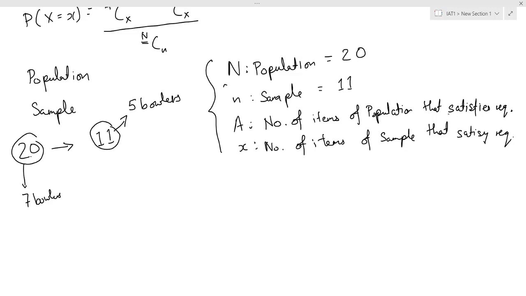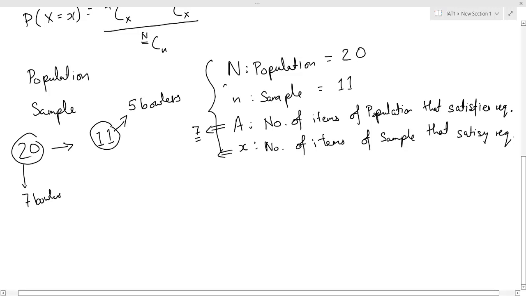How many bowlers are there in the entire population? In the entire population, there are 7 bowlers. And number of items of sample that satisfy the requirement: how many bowlers are required in the playing 11? Only 5 bowlers are required in the playing 11.